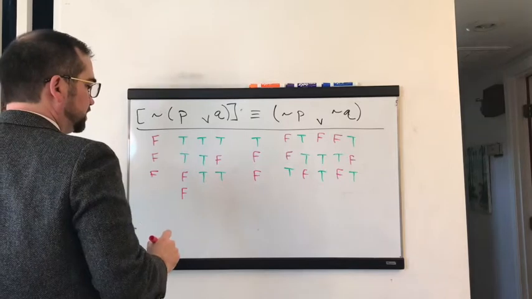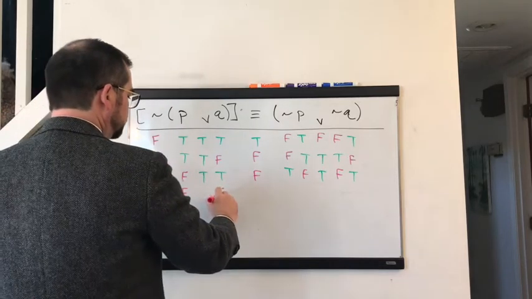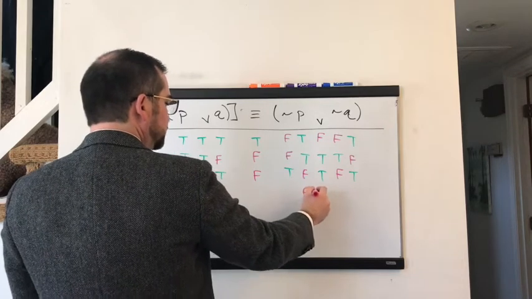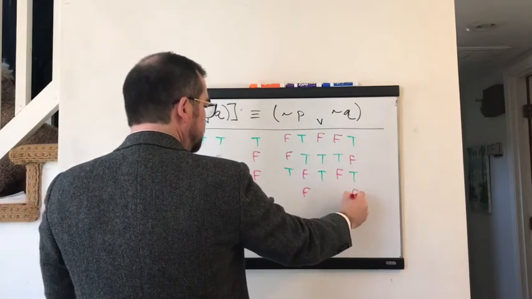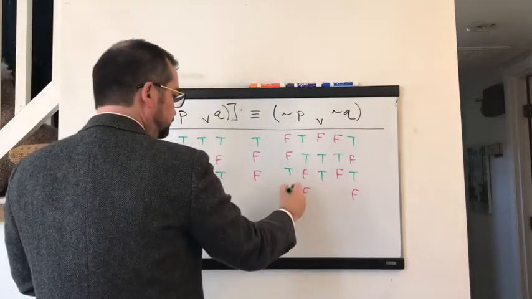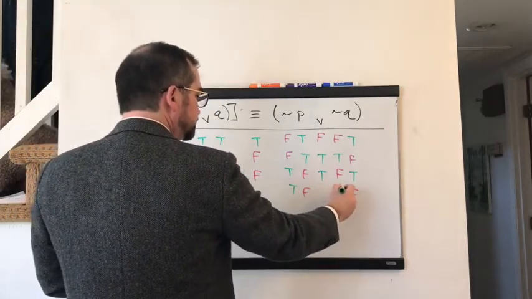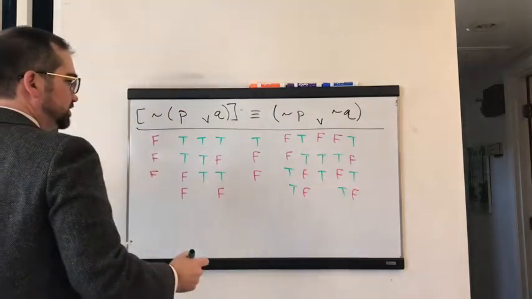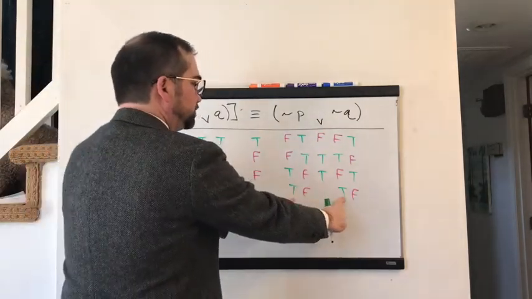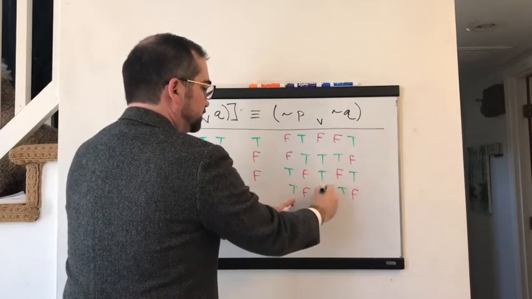We'll make P false and Q false. So again, we can't change the truth value of the letter in the row, so they're all false. Now let's do our negations. False P means negation's true. False Q means negation's true. Let's work on our OR. We have true and true, so the OR must be true.